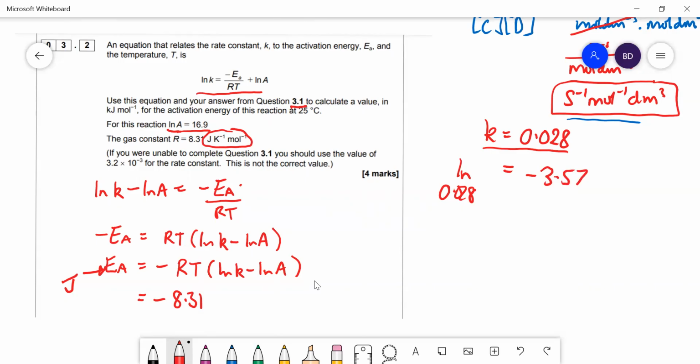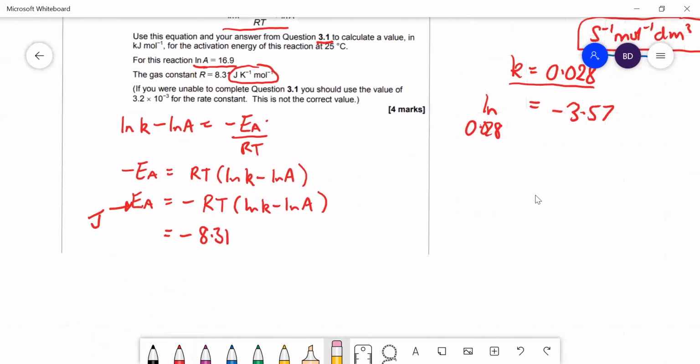Okay, so now we've got to put our numbers into this. So Ea is equal to, sorry, I did it in the wrong place. Right, so ln k is minus 3.57.